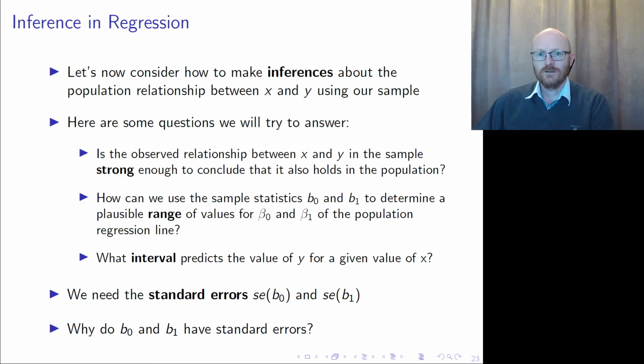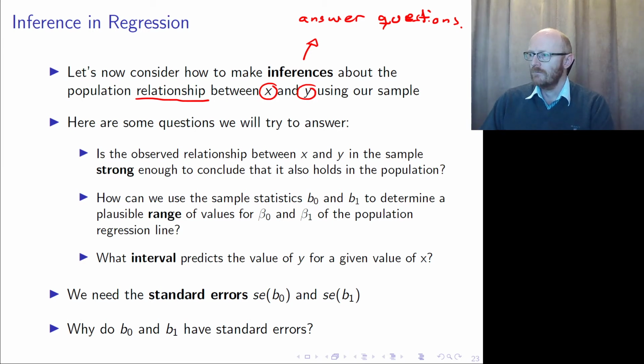So, which brings us to inference. And inference is just to answer questions. What we want to do is to be able to say something about the relationship between x and y using our sample.